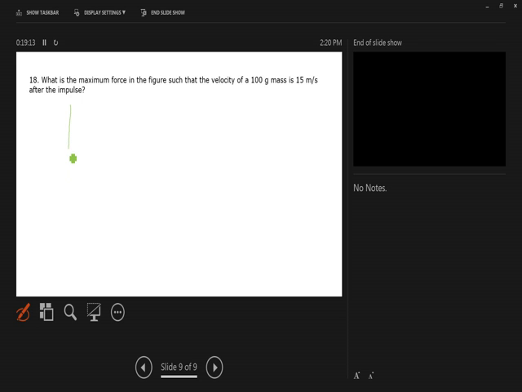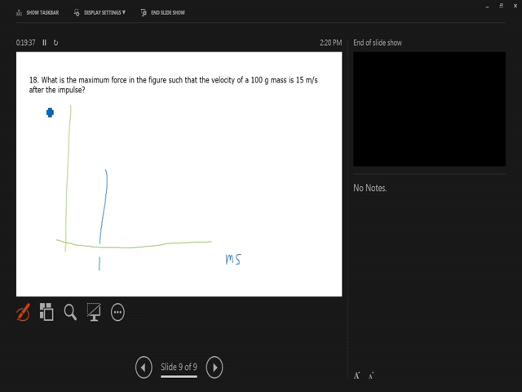Try to draw this graph. It says these are in milliseconds, a thousandth of a second.